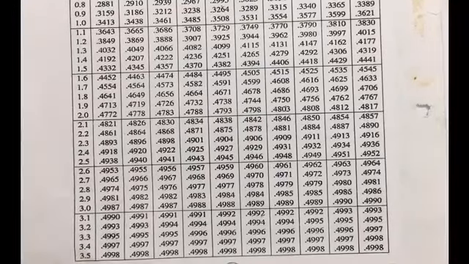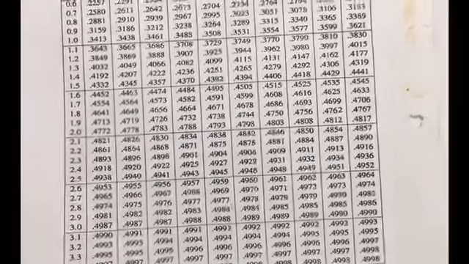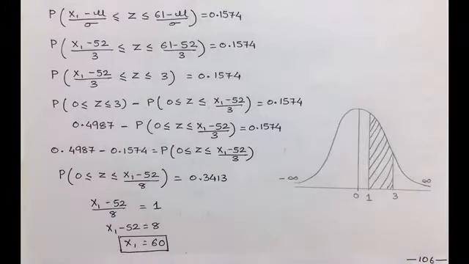So the area is equal to 1 over here. For X1 minus 52 divided by 3, the Z value we got to be 1. Now for calculating X1, we have to shift the 3 over the other side, and the X1 value finally we will get will be 60.